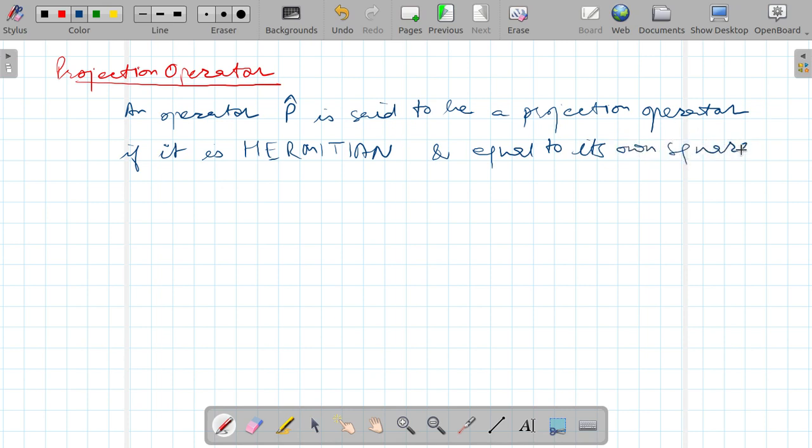That is, P dagger must be equal to P and P square must be equal to P. This is the necessary condition for an operator to be a projection operator.